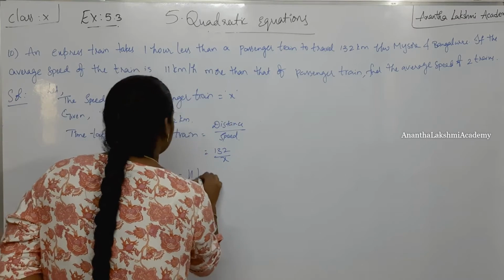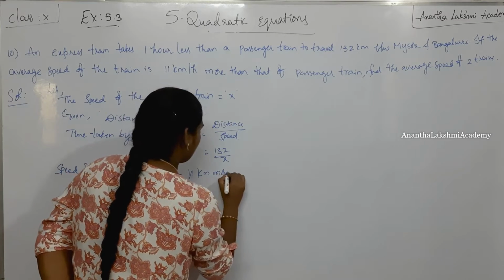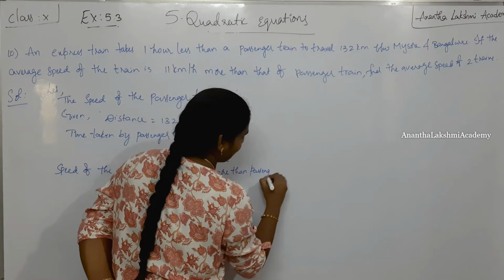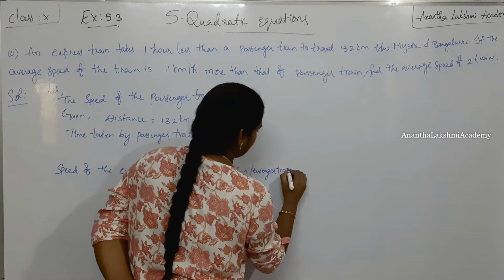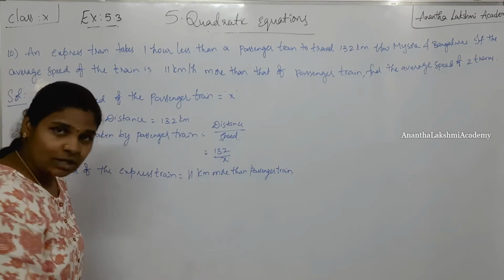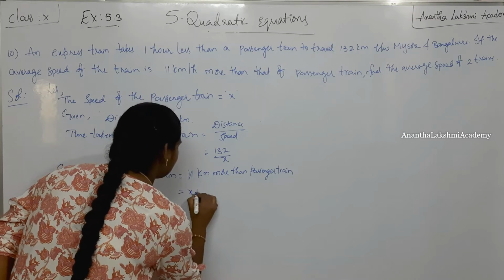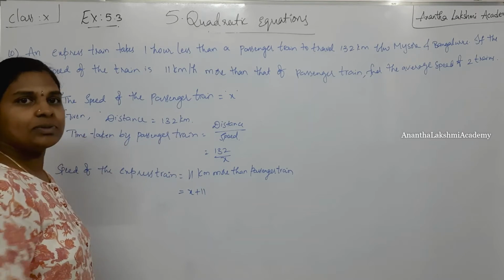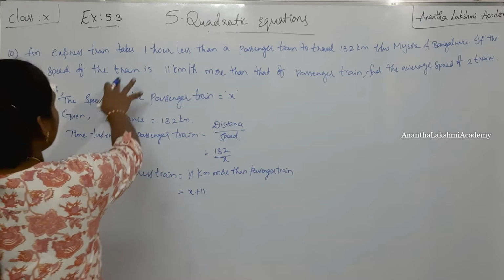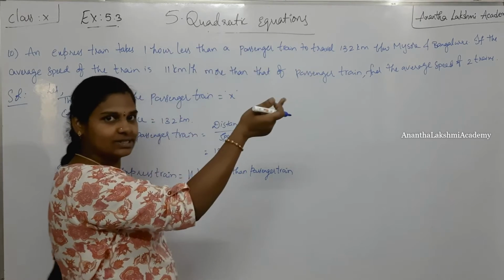That is what is given. We assumed the passenger train speed to be x. Since this is 11 more, that's going to be x plus 11. The speed of the express train is given. Now, what is the time taken by the express train? 1 hour less than that of the passenger train.